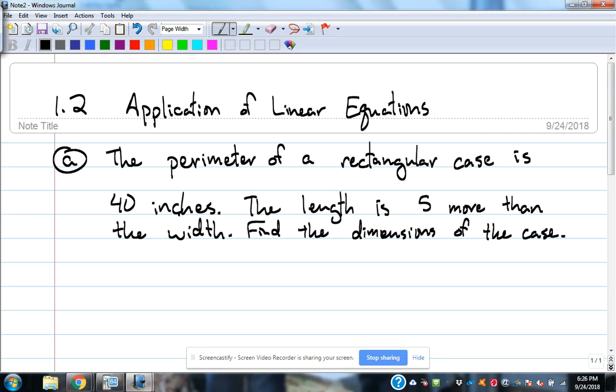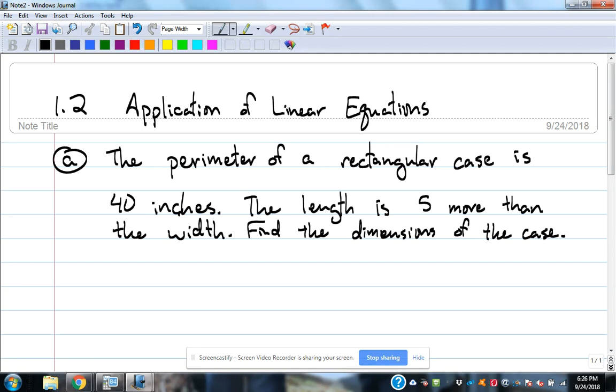So here we have a word problem where someone's having more trouble. We just gave you the equation and then you can solve it. That's not a problem. Getting that out of the word problem sometimes is difficult. So here's what we need to do. We need to break it down a little bit. So it tells us the perimeter of a rectangular case is 40 inches.